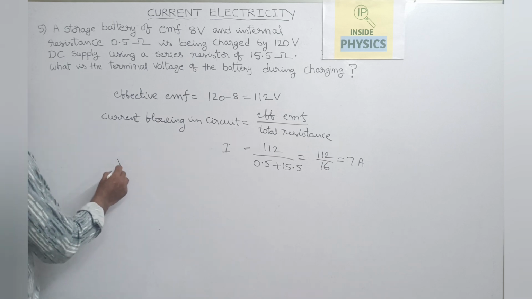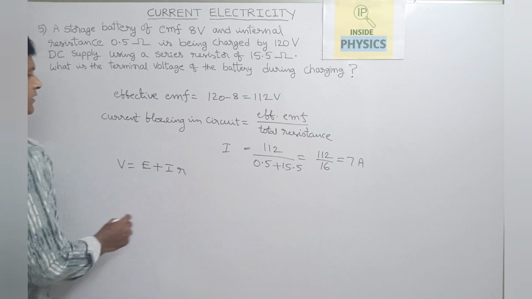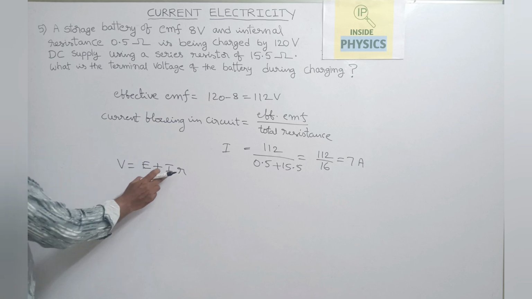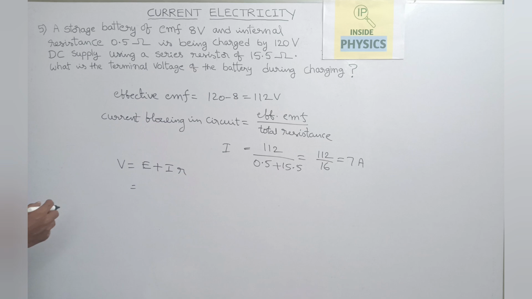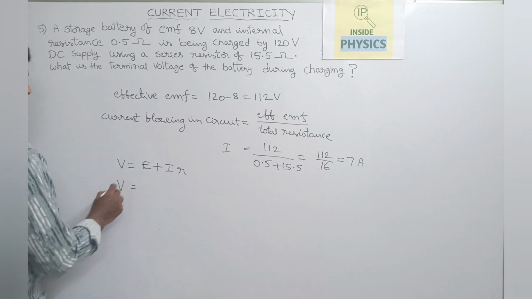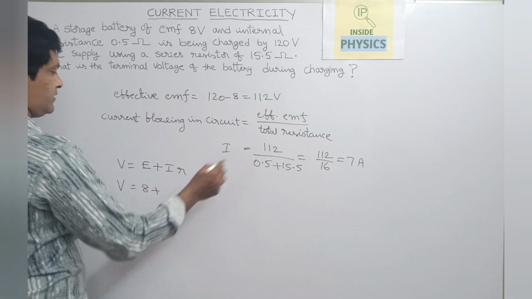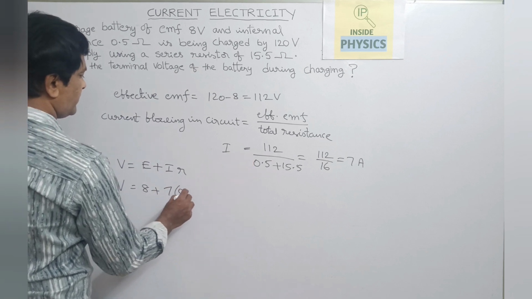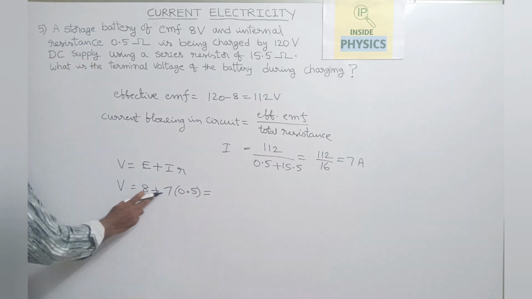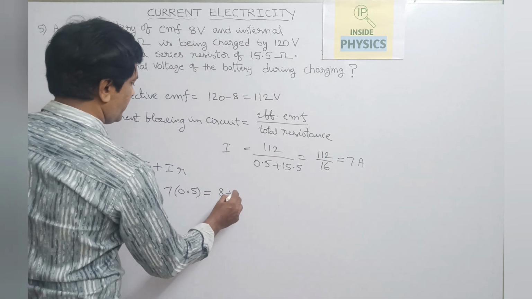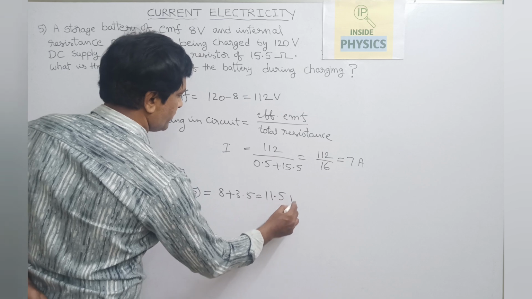The terminal voltage V is equal to E plus I R, where R is the internal resistance of the battery, I is the current flowing through the circuit, and E is the voltage of the storage battery. Here the terminal voltage will be 8 plus 7 amperes into 0.5, so 8 plus 3.5, which is 11.5 volts.